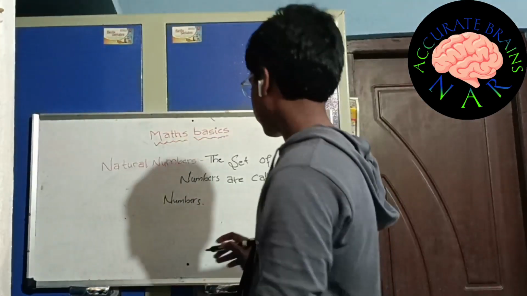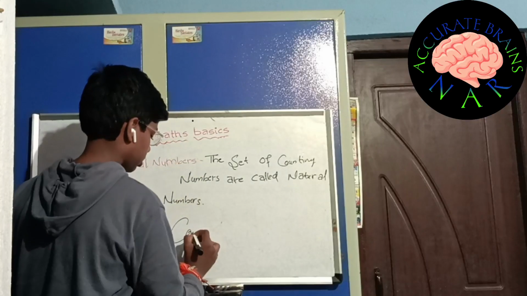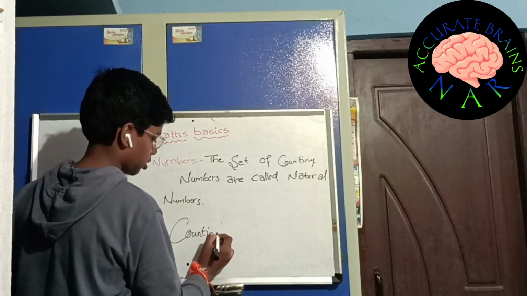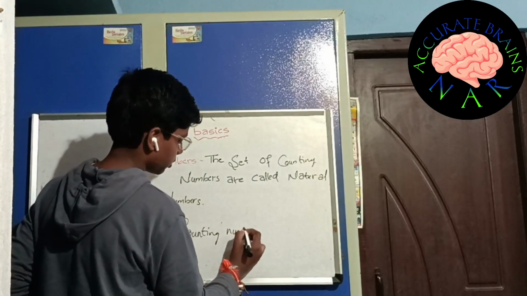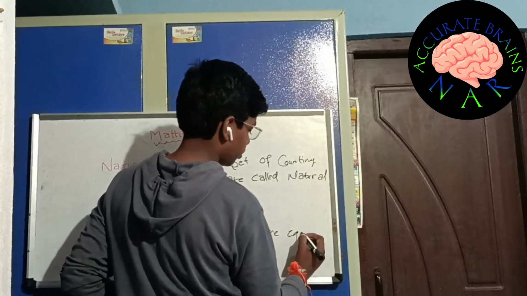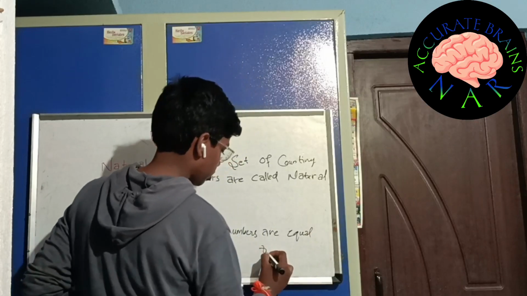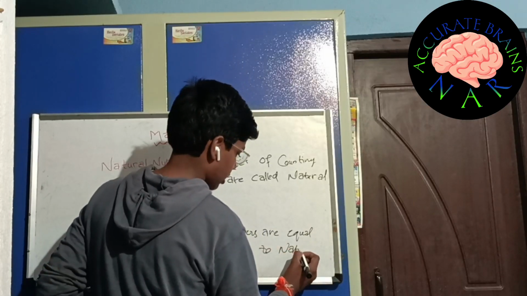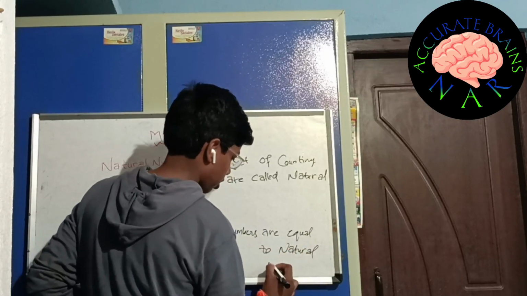Here we can see that counting numbers are equal to natural numbers.